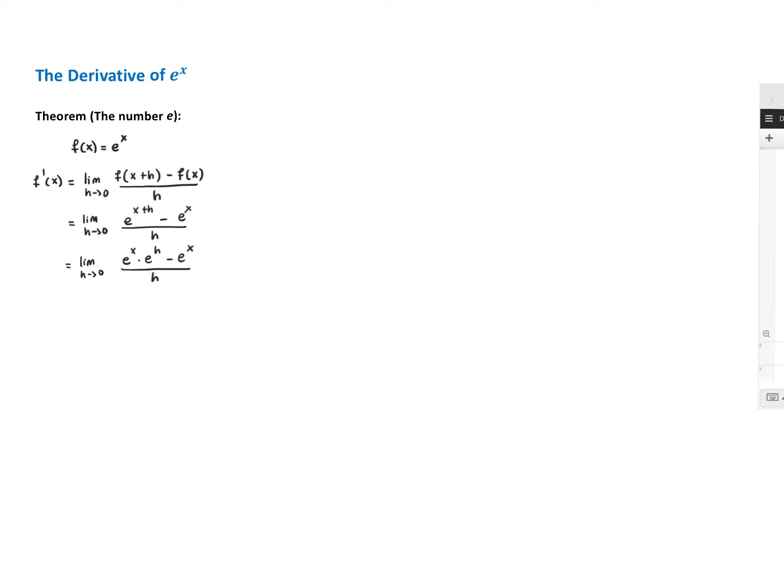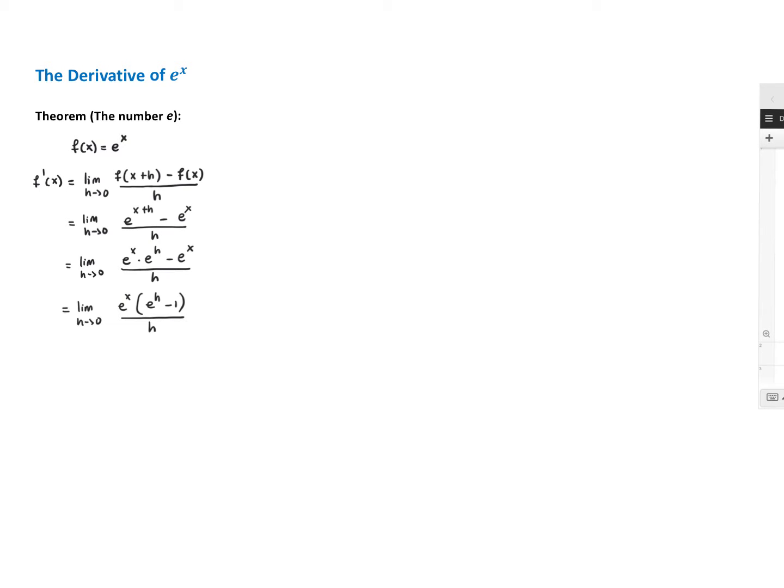And then, if you notice right here, I have a factor of e to the h, and here I have a term that has e to the x. So I have a common factor. That means that I can factor e to the x out. So this will give us the limit as h approaches 0 of e to the x times e to the h minus 1 divided by h.